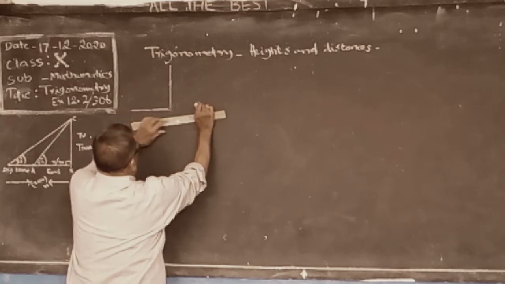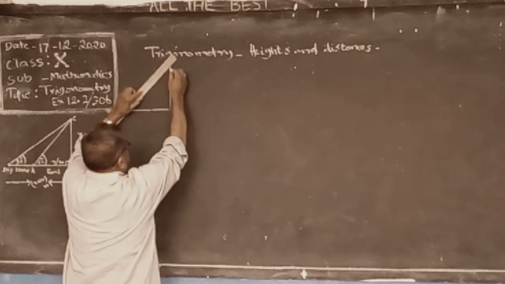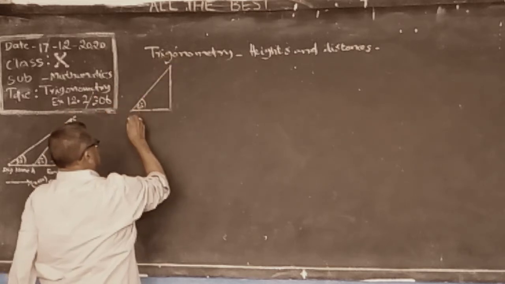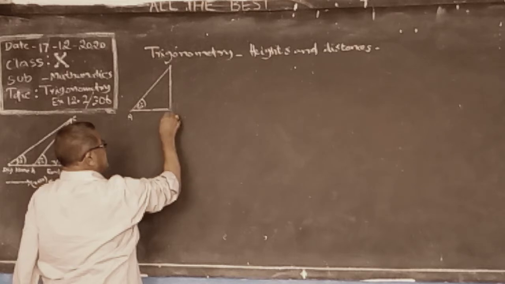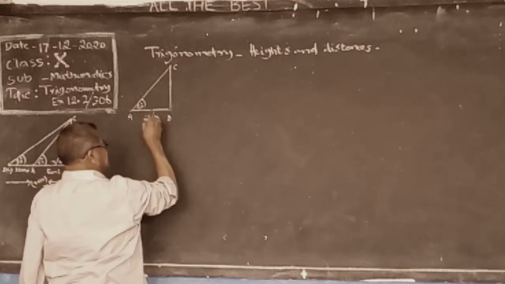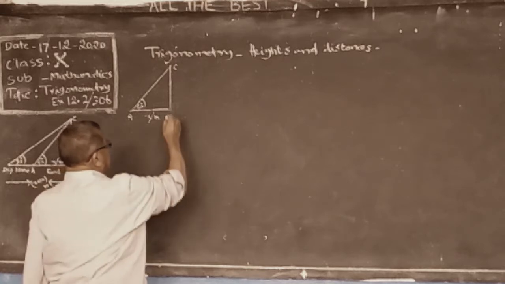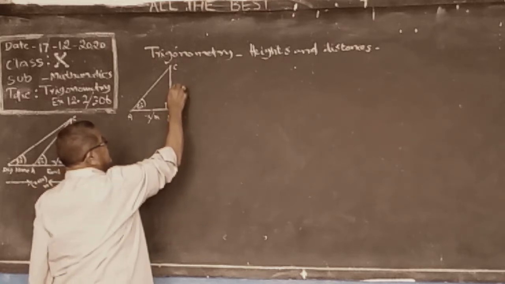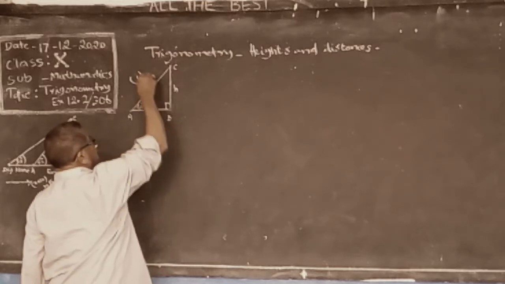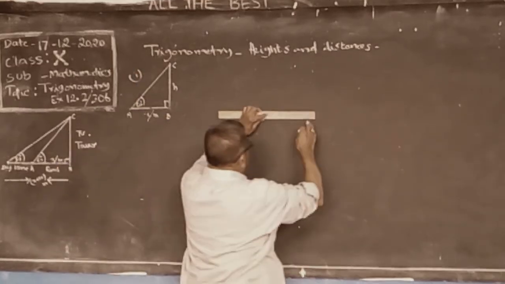Join this, 60 degrees. Name the triangle ABC. Let AB be x meters and this height of the TV tower h. First triangle. Second triangle.